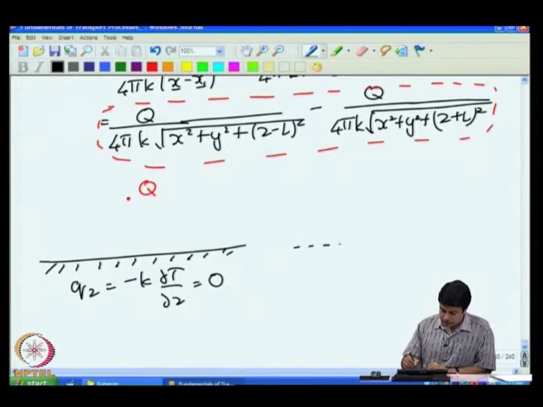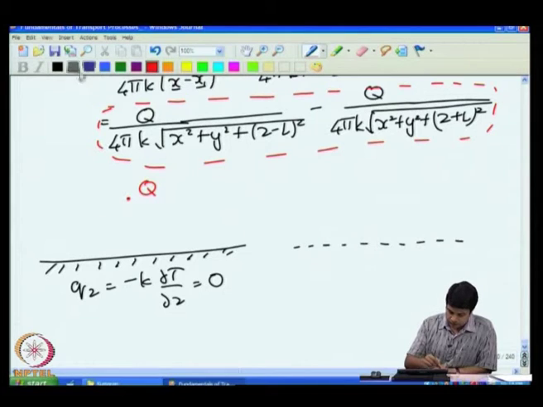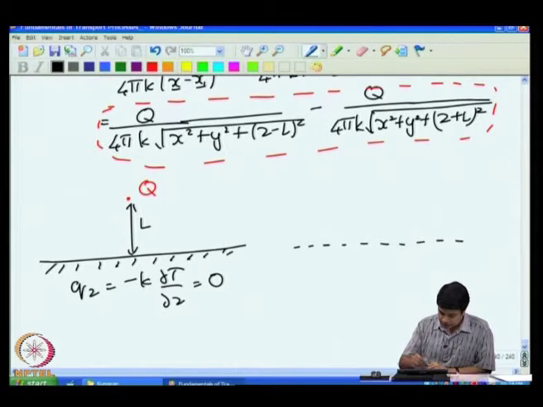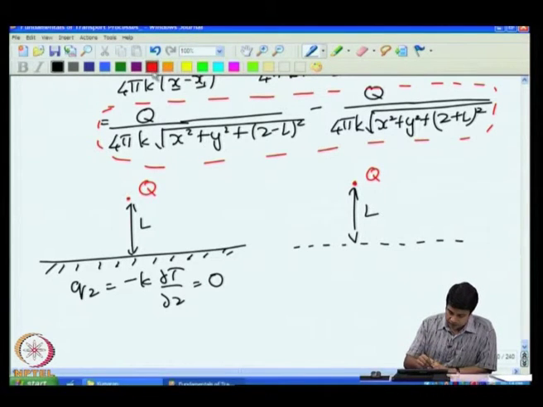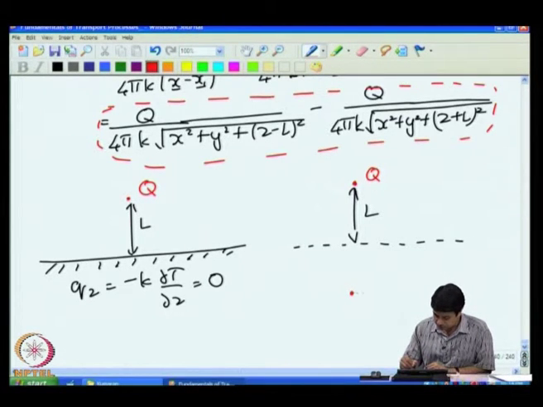This I can consider an alternate configuration where, let us say, this is at a distance L, and at that same distance L I have a source plus q. However, at the distance minus L I have another source of source strength plus q.